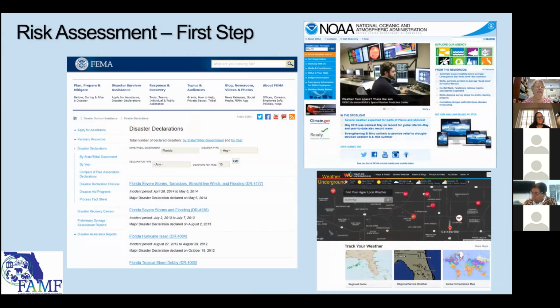The probability and incident rate of natural disasters locally or within your region can be determined using data from local, state, regional, and national disaster agencies, including the Federal Emergency Management Agency's, FEMA's, Declared Disasters by State website.